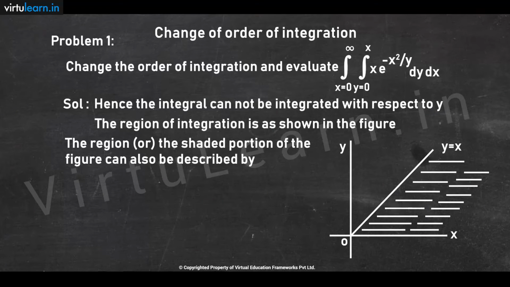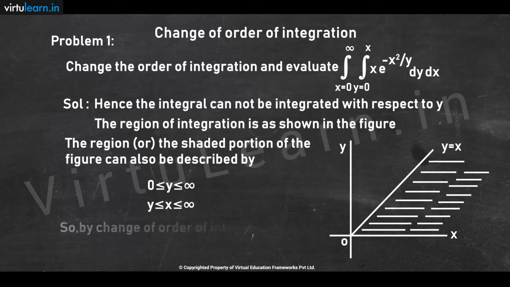Then as far as the x direction is concerned, there is a curve at the left hand side given by x is equal to y and another curve at infinity described by x is equal to infinity. So the region can also be described by the inequalities 0 less than or equal to y less than or equal to infinity, y less than or equal to x less than or equal to infinity.